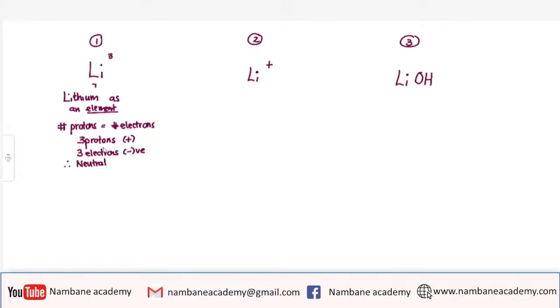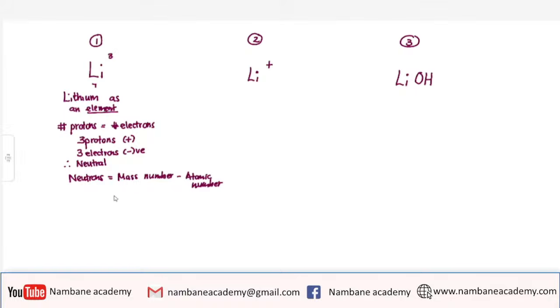So the neutral ones are short in here, which is your neutrons. So how do you get your neutrons? Your neutrons is going to be the mass number, which is the largest number there, minus the smallest number, which is your atomic number.